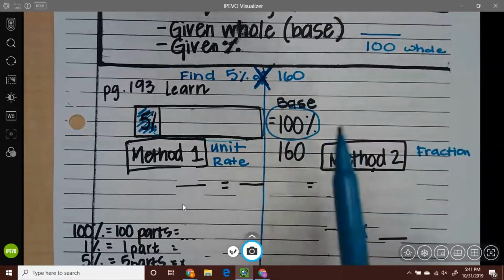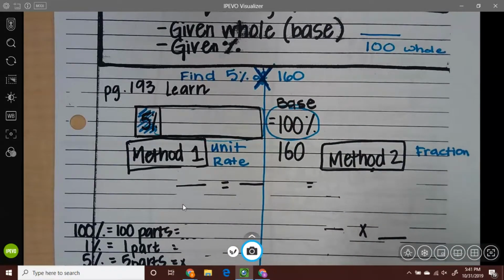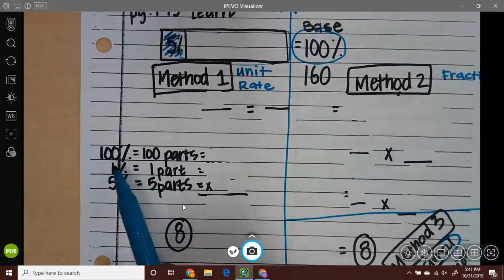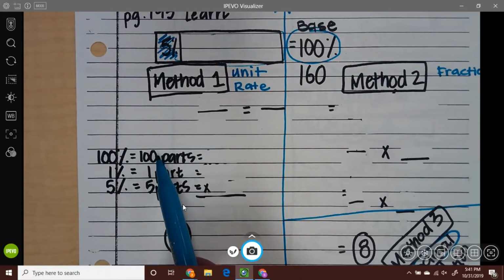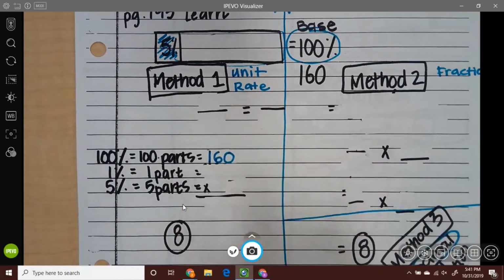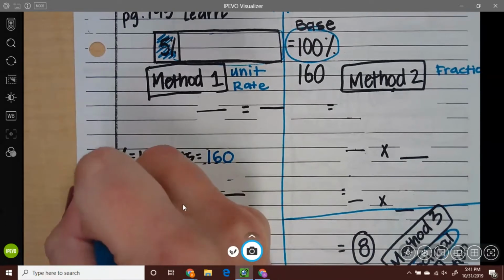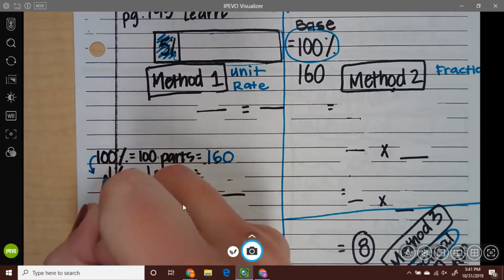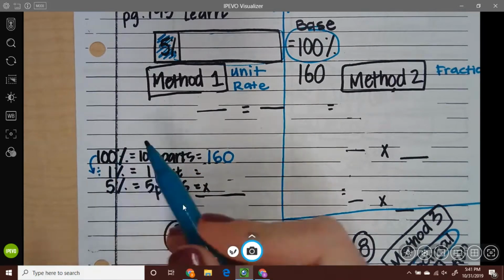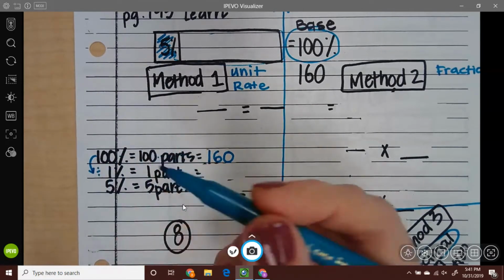So if we come down here, we know that 100% is equal to 100 parts, and that 100 parts would be the number 160. Then I come down and I find 100 divided by what equals 1, because now I'm going to find what 1% is. If you don't know, you can use your calculator, I guess, but hopefully you know that math fact. 100 divided by what is 1?